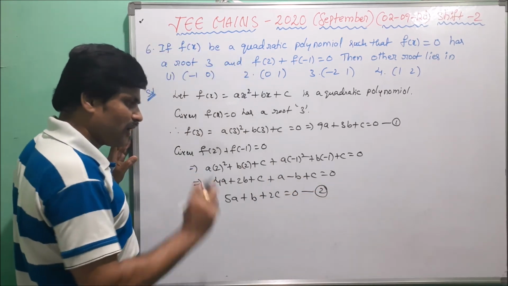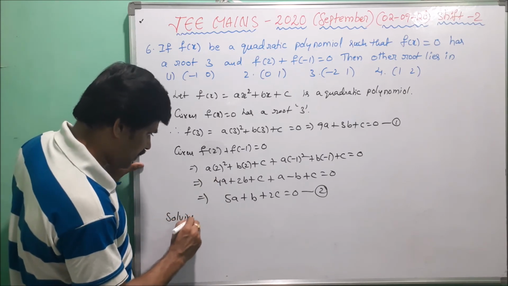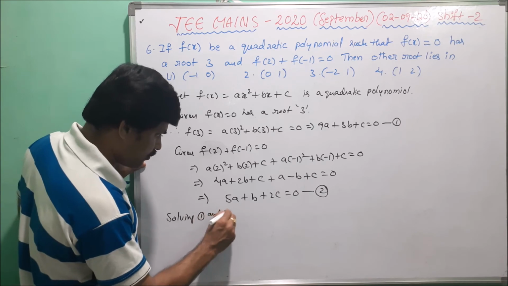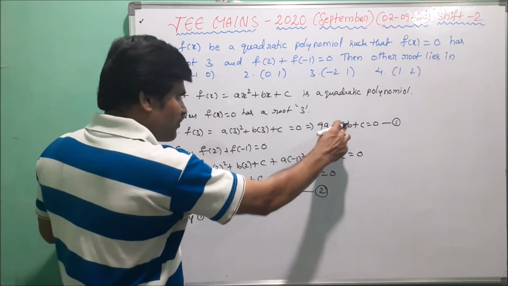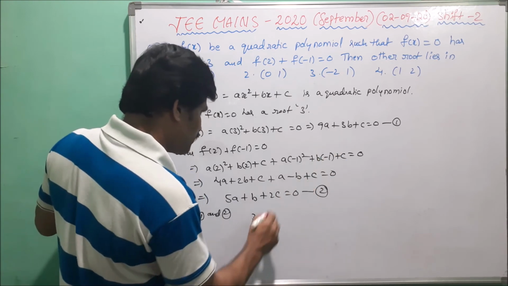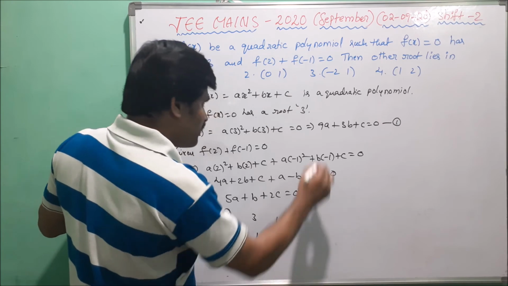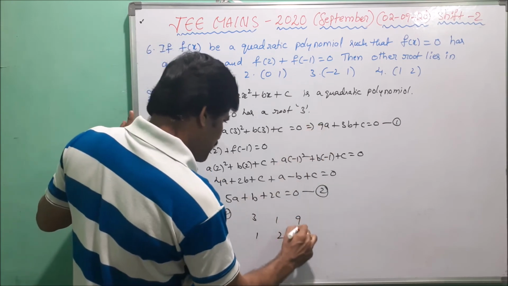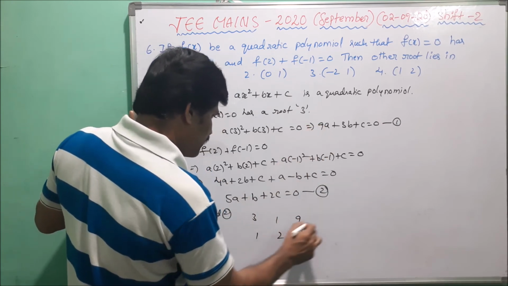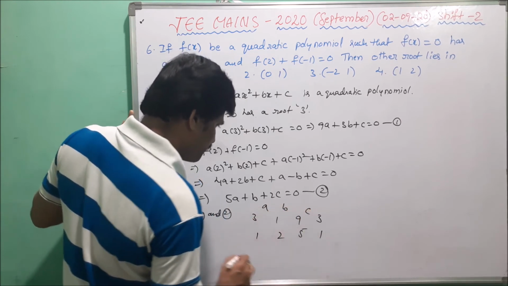Now solving 1 and 2. First we take coefficients of b, that are 3, 1 in both 1 and 2. Next c coefficients 1, 2. Next a coefficients 9, 5. Again b coefficients 3, 1. So this is a, this is b, this is c.